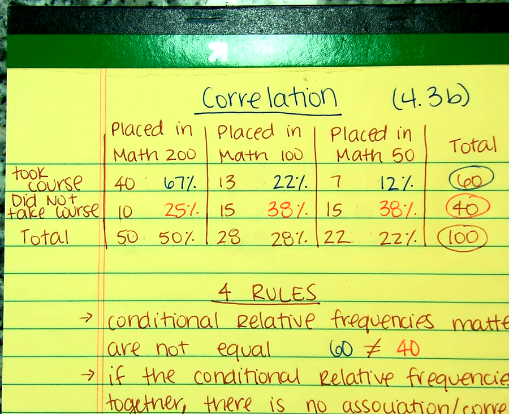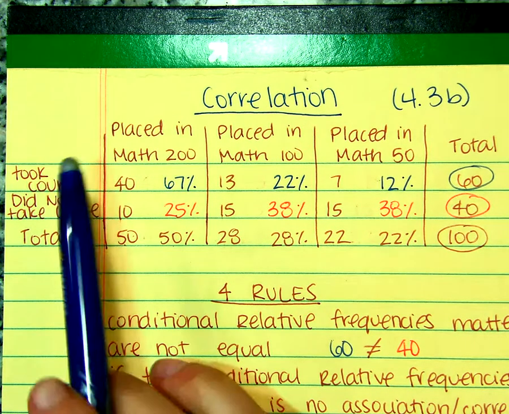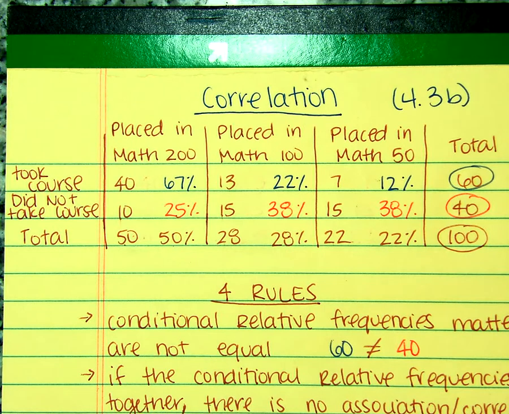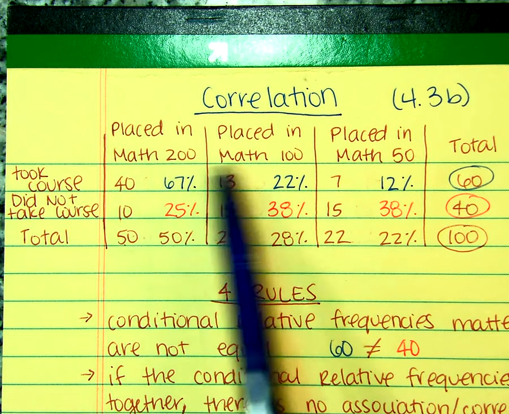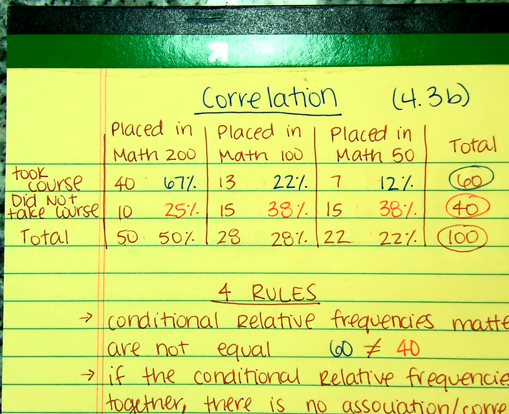But what's a possible explanation that would explain why, instead of just the course, meaning another factor could influence whether or not they got placed in the higher math class or the lower math class? Another possible explanation is that students who took the review class or course are actually just more interested in math and were already better prepared for math and therefore perform better on the math placement test.